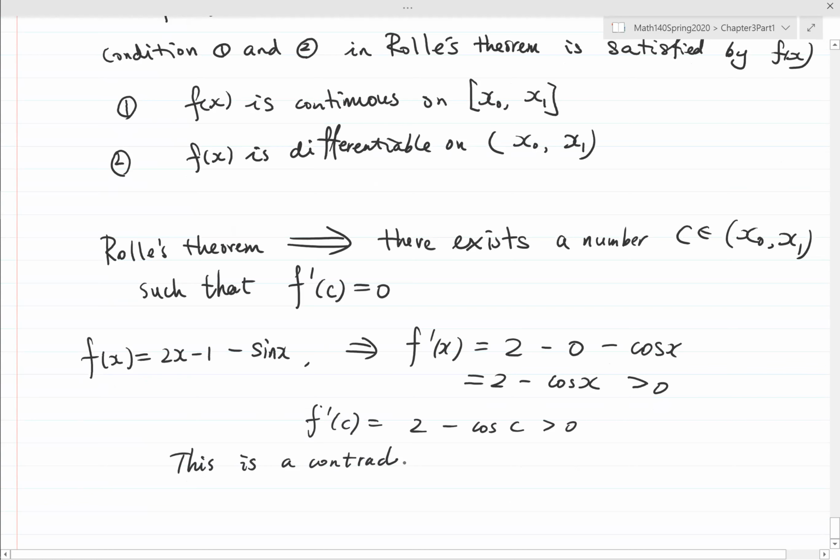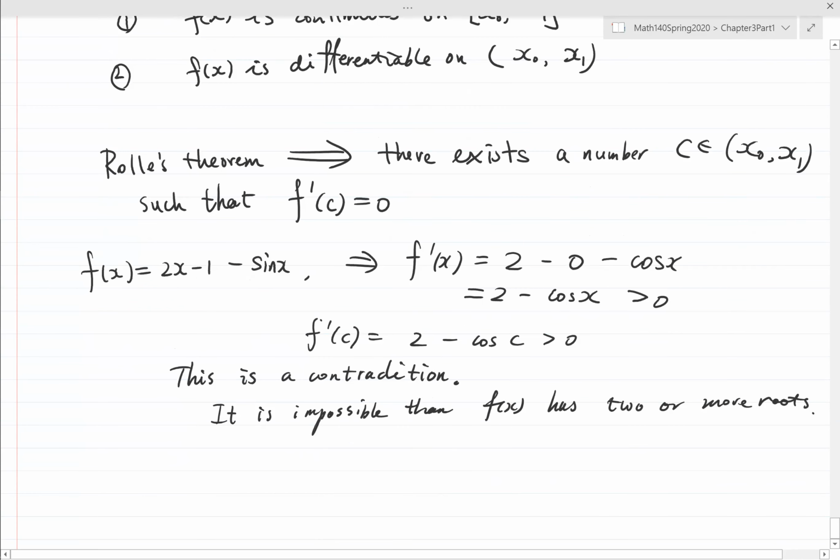So this contradiction shows that it is impossible that f(x) has two or more roots.